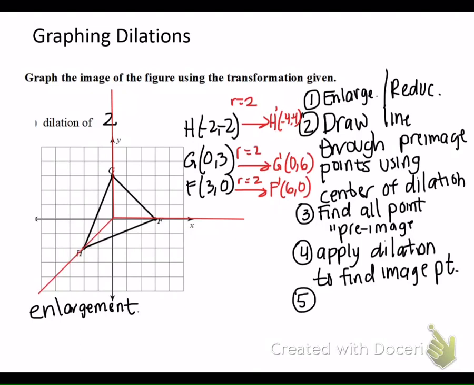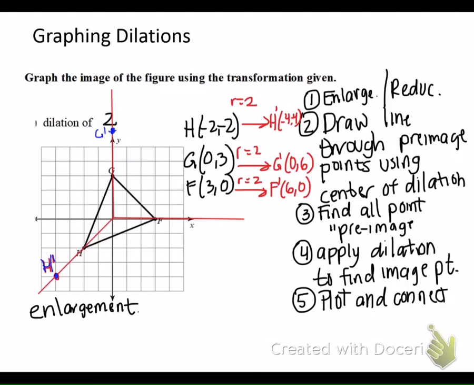Last thing would be to plot and connect. Plot and connect gives me the following. Plotting these at -4, 4 gives me my H prime. G is going to go up 6. 1, 2, 3, 4, 5, 6 here.